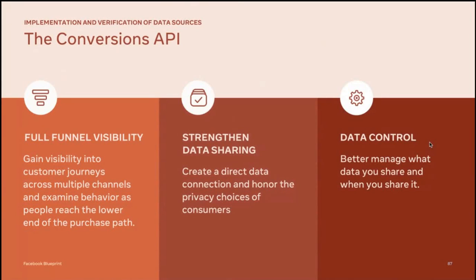When you use Conversion API for web, it creates a direct connection from your server to ours, and it honors the privacy choices of customers who don't wish to share their data with third parties. And third, high data control. You can better manage what data you share and when you share it. When you use Conversion API along with other signal tools, you can gain additional insights into the behavior of people that interact with your business, both in stores, on your app and on your web.